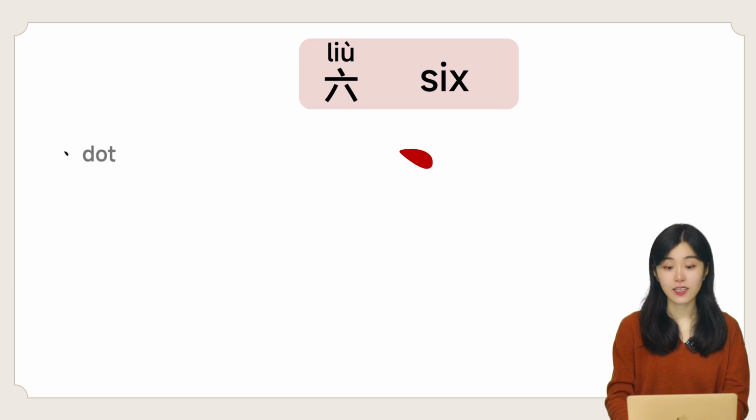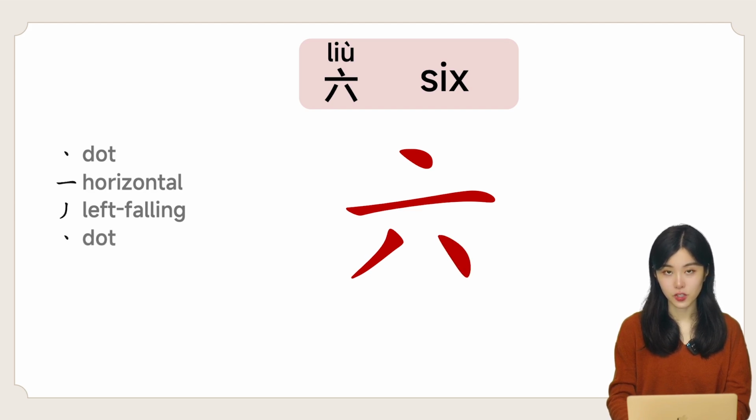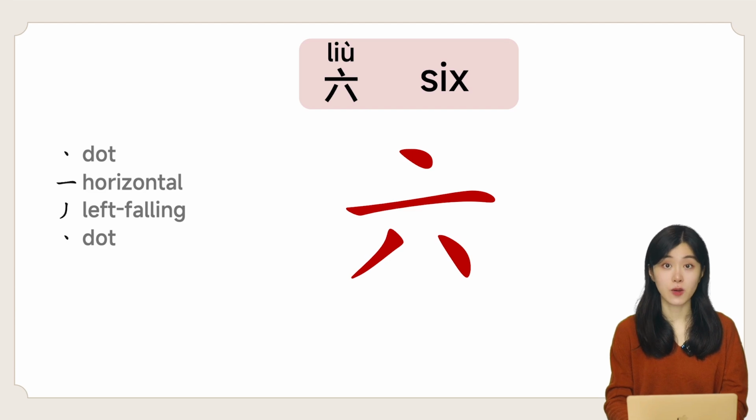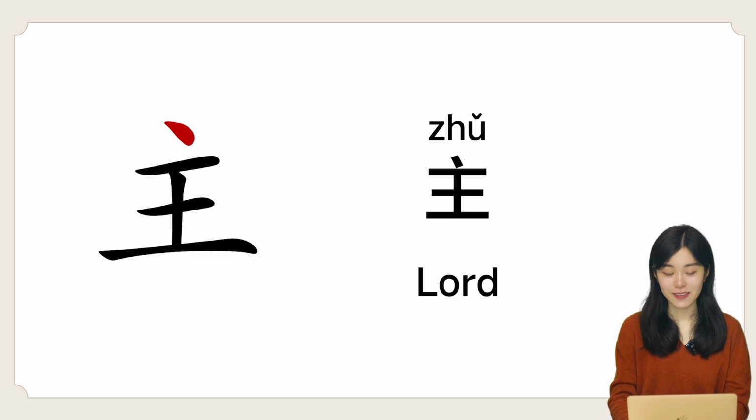Next we write the horizontal stroke in the middle, from the left to the right. Next we write the left falling from the top to the left bottom. Finally we write another dot. Short and quick, like drawing a small dot, right? Great. Next example character.